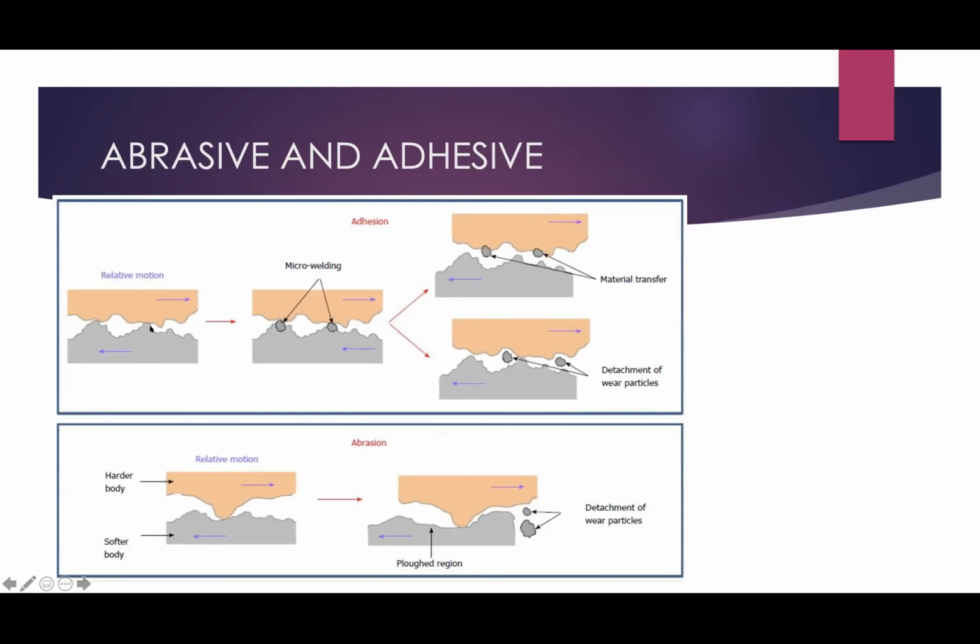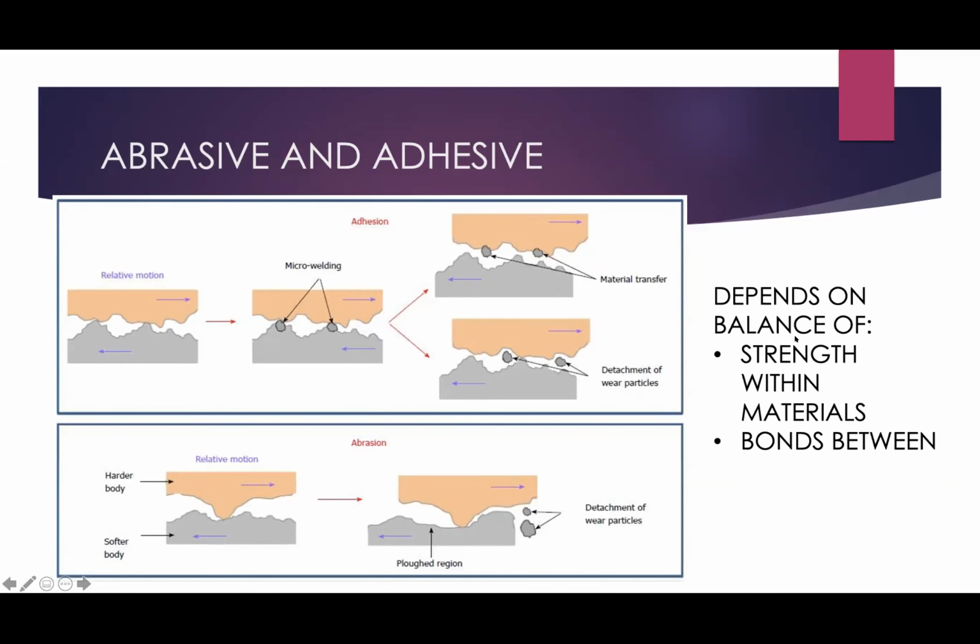Adhesive wear is where 2 surfaces come together, but the bonds between the surfaces are stronger than the bonds within the surface. So you get micro welding, and then when they pull apart, bits of material are pulled apart as well. So we see these 2 types in the hip. And it depends really on the balance of the strength between the materials and the bonds between.